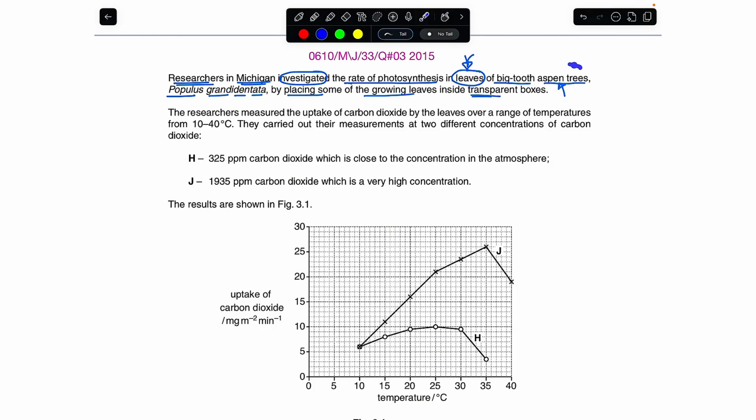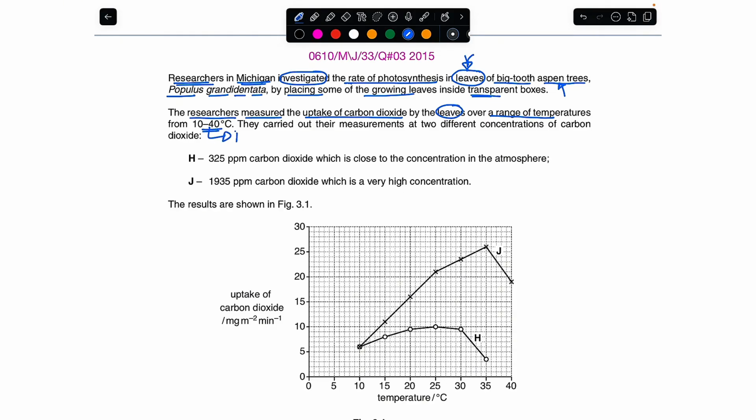We would have the tree of this plant, pluck the leaves out of it, place those leaves in the transparent boxes, and then try to calculate the rate of photosynthesis in them. What they tell us next is that the researchers measured the uptake of carbon dioxide by the leaves over a range of temperature from 10 to 40 degrees centigrade.